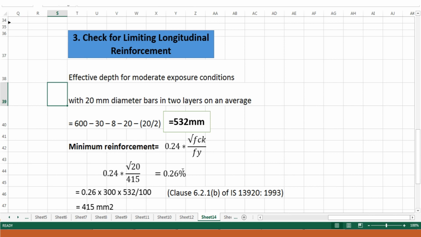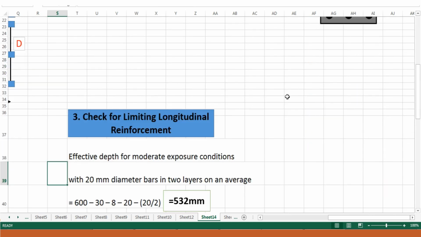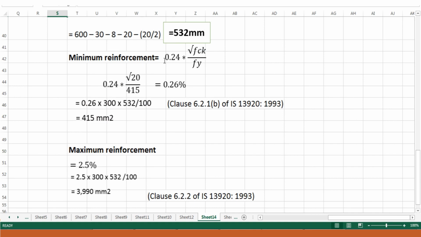Having known this d, which is 532 mm, the minimum reinforcement which has to be provided as per clause 6.2.1(b) of IS 13920 has to be 0.24 into square root of fck by fy.